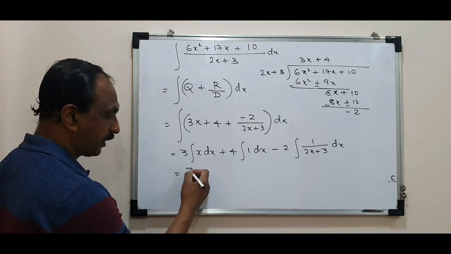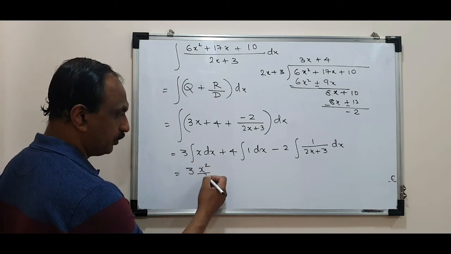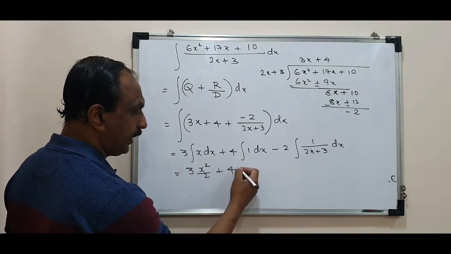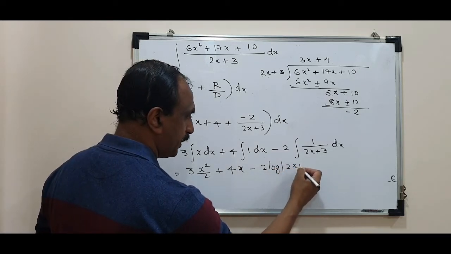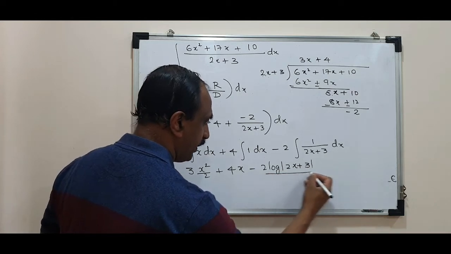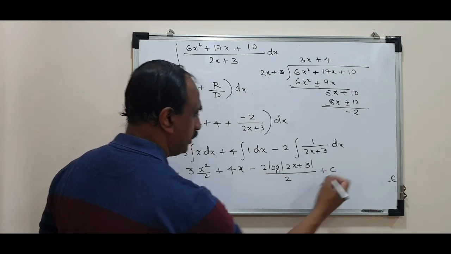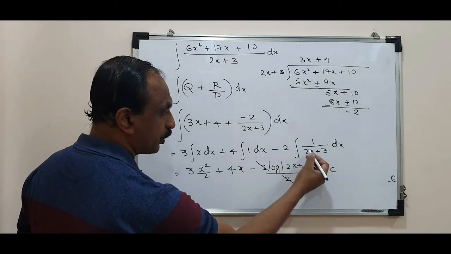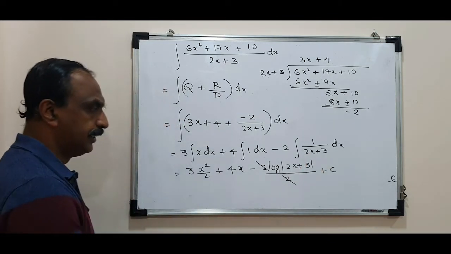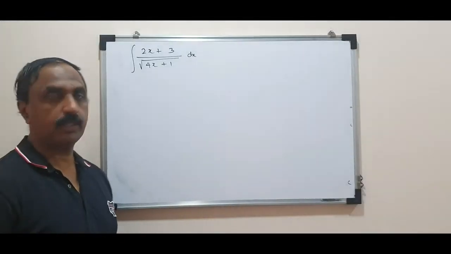Integration means increase the power. X square by 2. 4 into integral of 1 is x. Minus 2 log of 2x plus 3 divided by 2, plus c. This 2 and this 2 will get cancelled. From where did you get this 2? The coefficient of x divided by the coefficient of x.